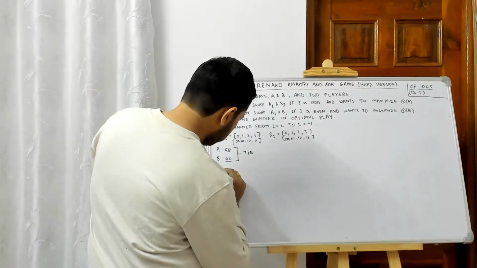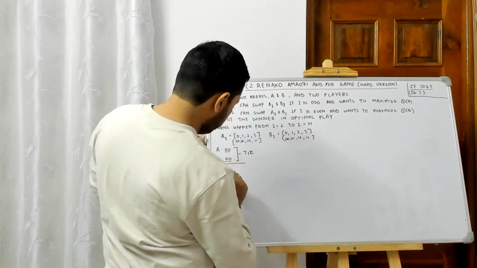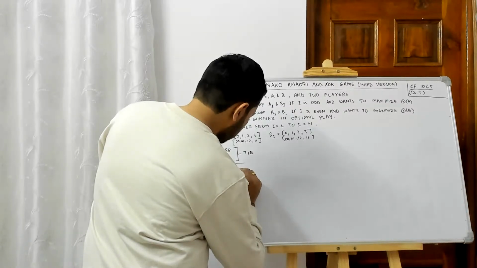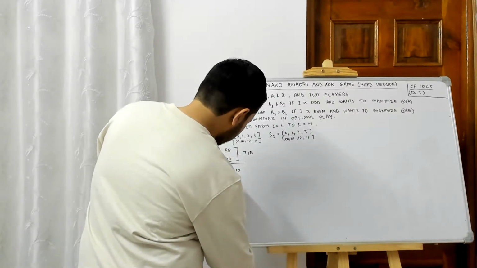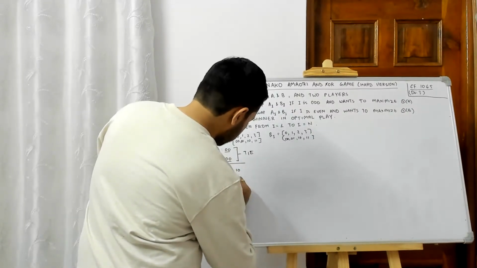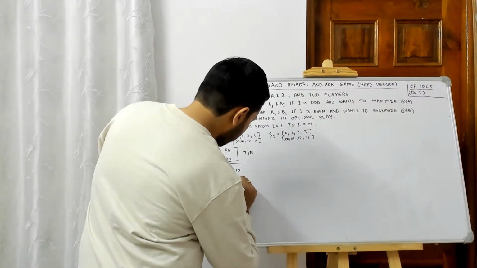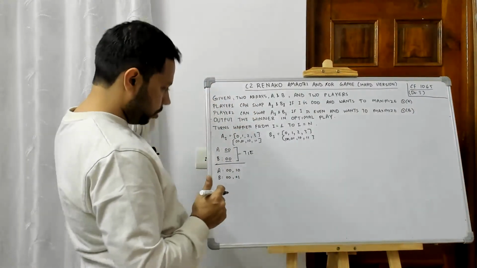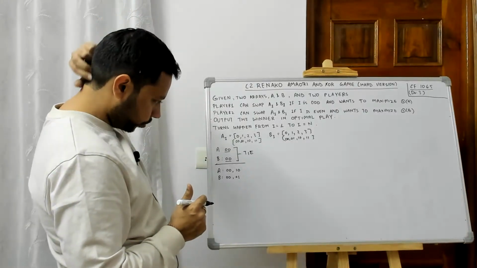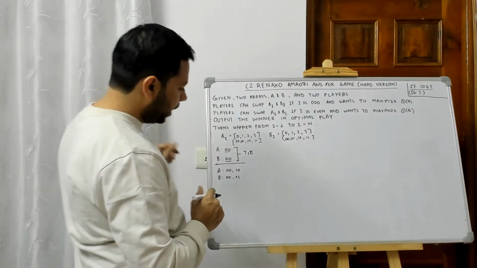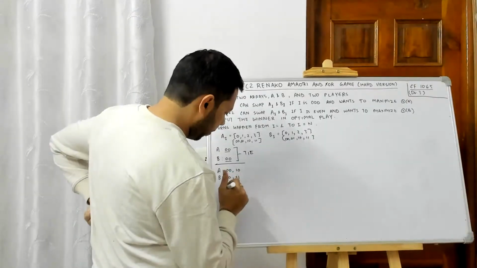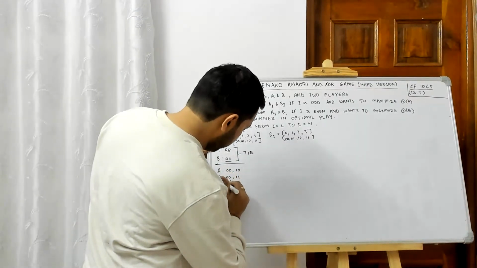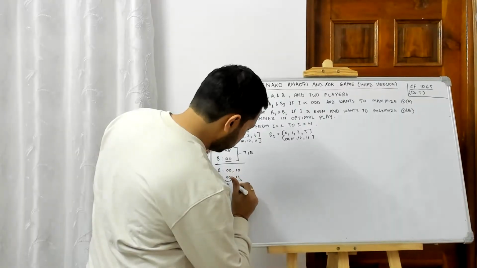Example 1: A is 0, 0 and 1, 0 and B is 0, 0 and 0, 1. This is the array. Then see what can happen. This is player 1 and this is player 2.